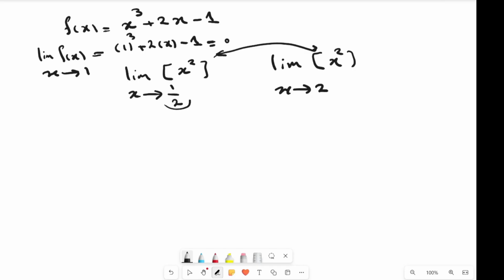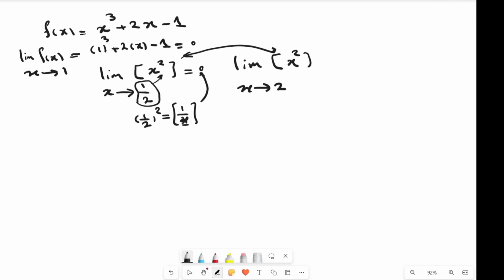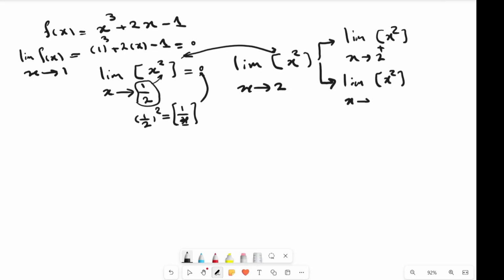In the first one, you immediately put it in the bracket, and that is (1/2)^2 = 1/4, and you know the bracket of this is exactly 0. But in the other one, you couldn't calculate it so easily. You must obtain the both-sided limits: x goes to the positive side, and x goes to the negative side.